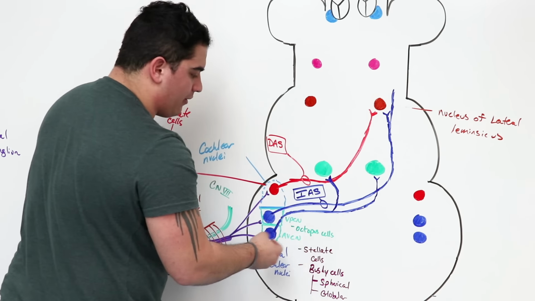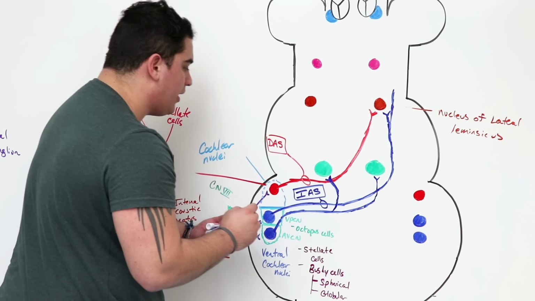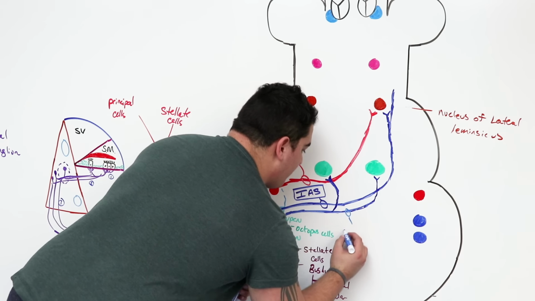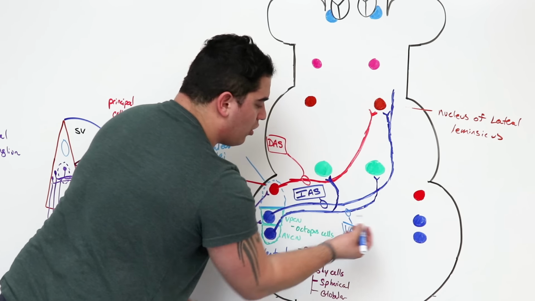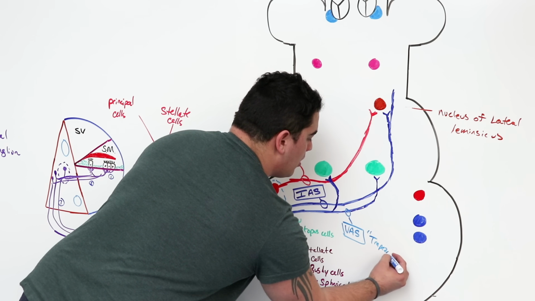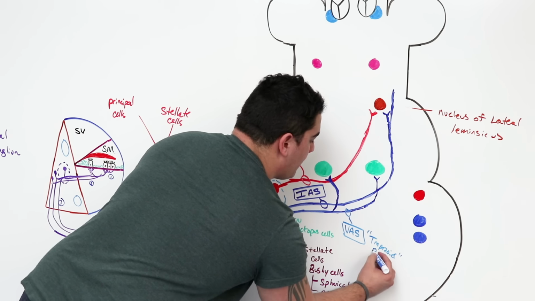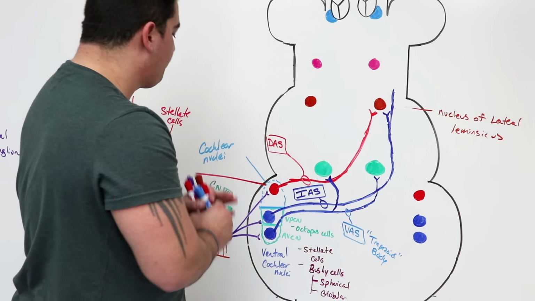It's formed by the axons of the spherical and globular bushy cells and the stellate cells. This one has two names. You can call it the ventral acoustic striae, or sometimes you also hear it called the trapezoid body.